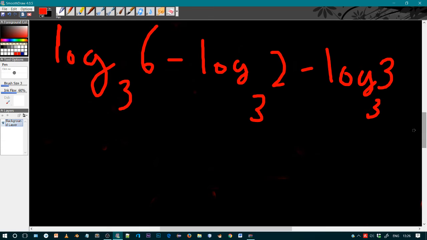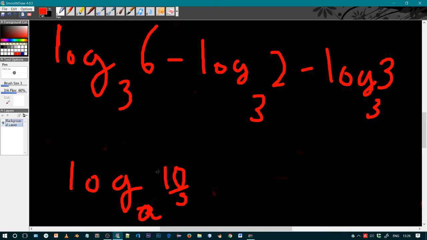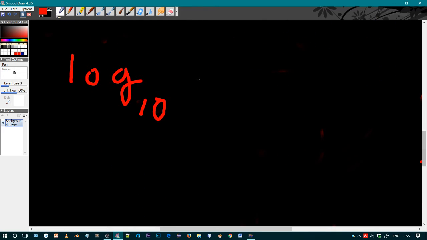Now in this question there is a rule applied. That rule is log with a base. For example, the log is base 10. You can take any base. You can take it as a, any variable.